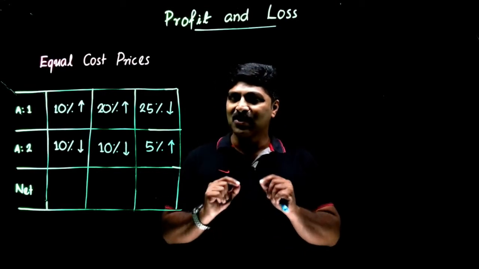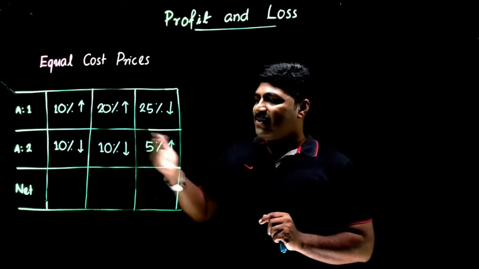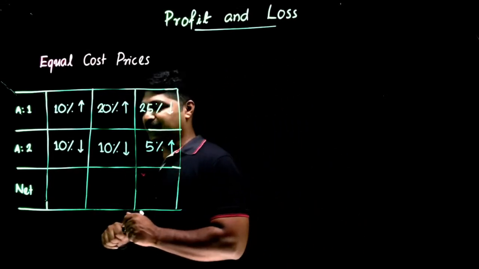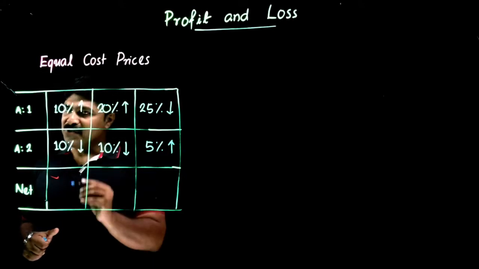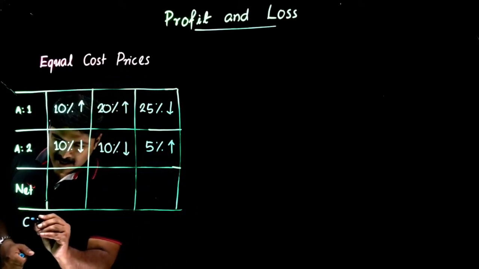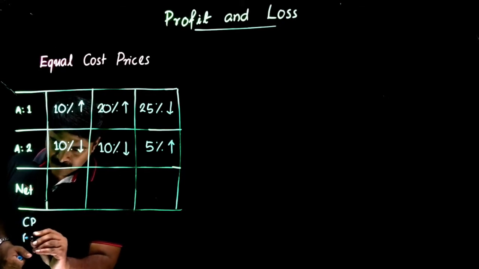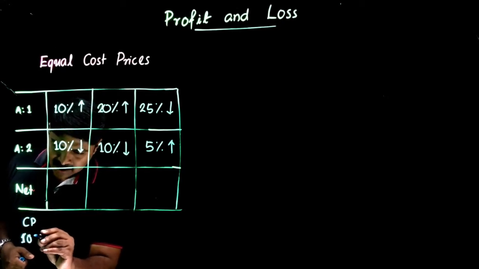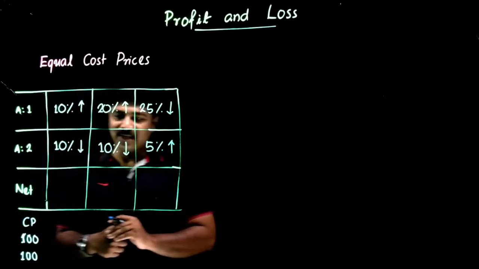How can we make a conclusion here? So here, we just consider an assumption. Suppose both the articles, their cost prices are equal. Suppose we consider their cost prices as rupees 100 for the first article and 100 for the second article.